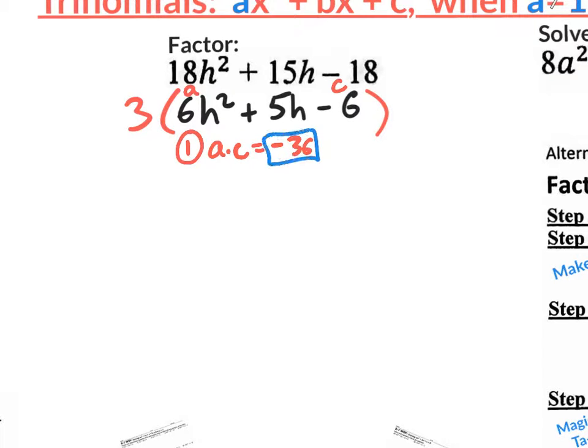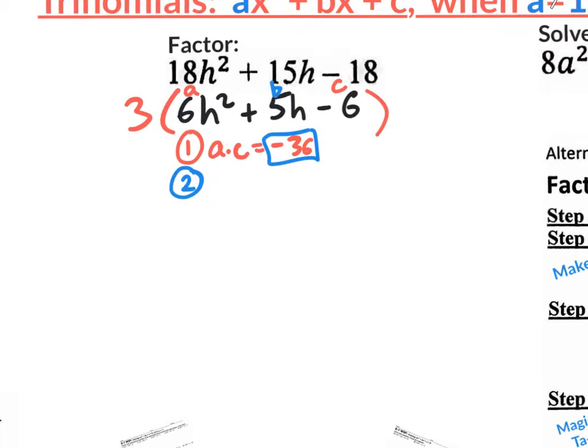That is the answer to step 1. Moving on to step 2, we need to make a list of the multiples of negative 36. And we're looking for that pair of numbers that combine together to give us the middle value b, but we're talking about the new b, which is 5, not the original b, 15. I make a mistake a lot when it comes to this situation. I think of b being 15, but it's not 15. We already pulled out the 3, so my new b is 5.